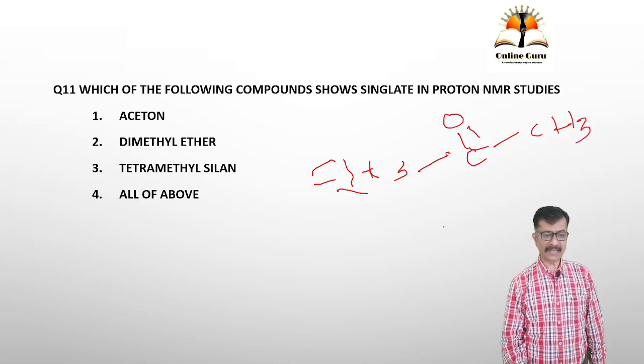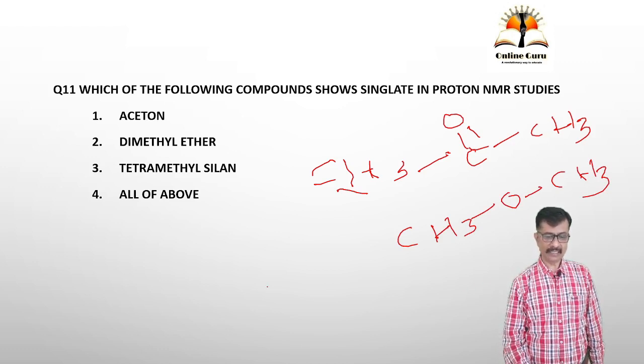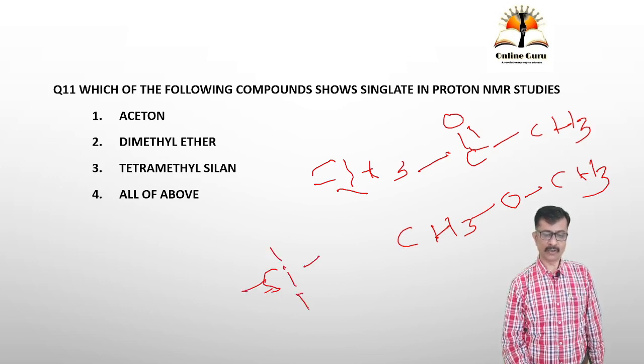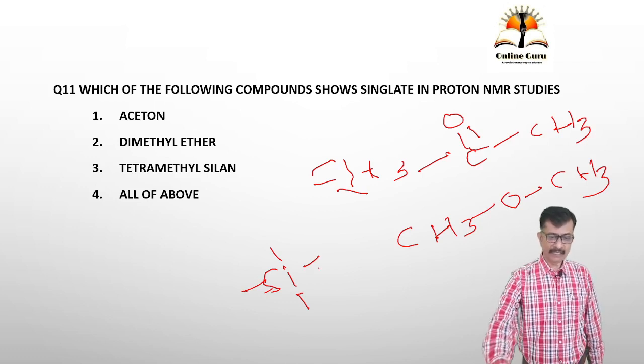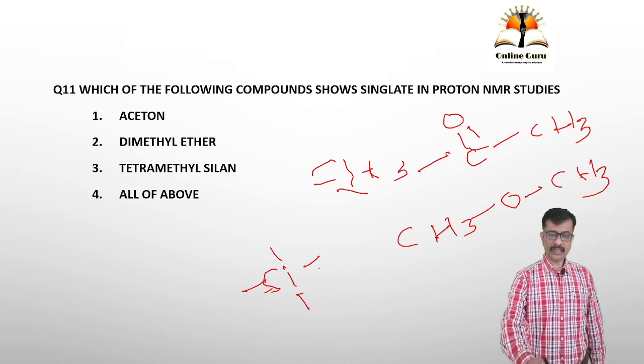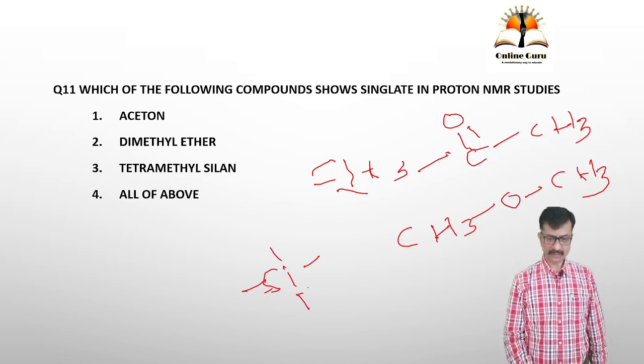If you look at dimethyl ether, again CH3, O, CH3. Then tetramethylsilane is actually an internal standard used in NMR, where it contains 4 methyl groups connected to the Si. And acetone contains 6 hydrogen atoms, 2 CH3 groups, that is 6 hydrogen atoms.